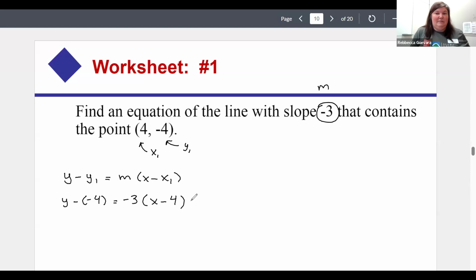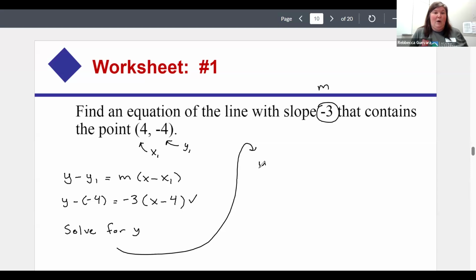All right. So like I said, technically that could be the equation of a line. We're going to do this for practice. Once again, we're going to solve for y, just so we can get that slope-intercept form that we like. So y minus -4 is y plus 4.